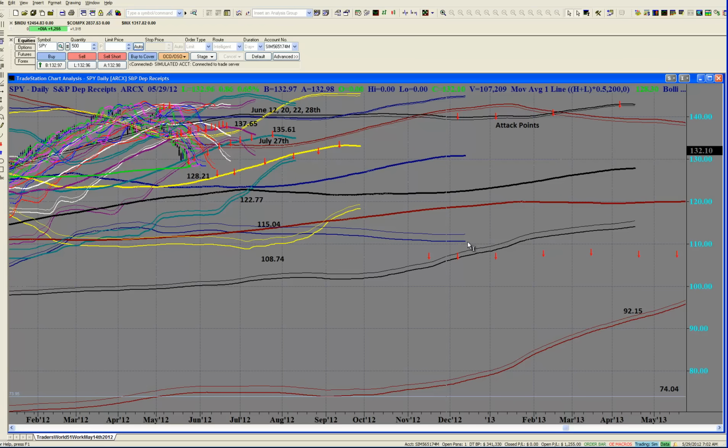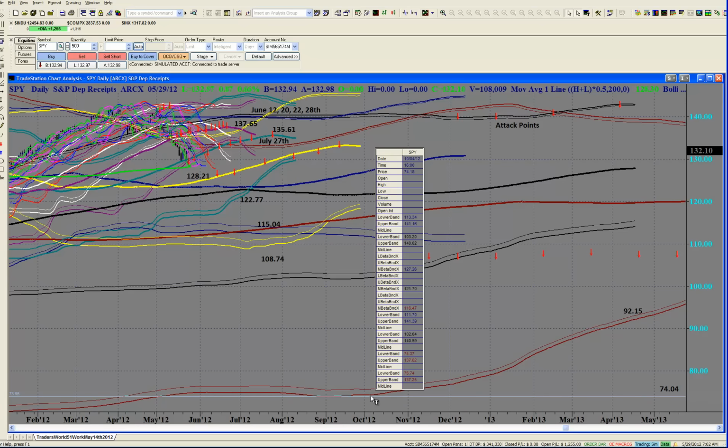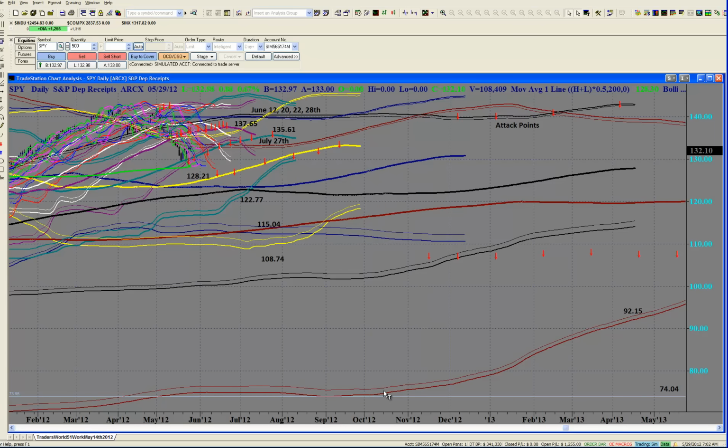Then we're initially going to push down into the 107.53, and then if we get underneath there for more than 1 day, we have huge gap risk going down to the 92.15 area, and at the most extreme case, if really negative sentiment came in, we could go as low as 74.18, and that would play out somewhere between February and May of next year. So there is some very, very significant risk to the downside in the markets here.